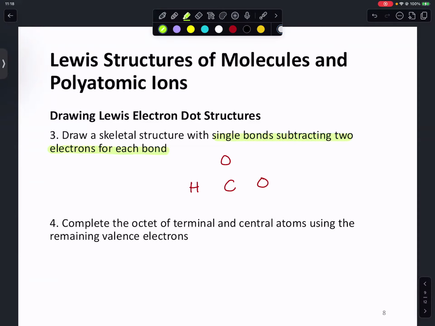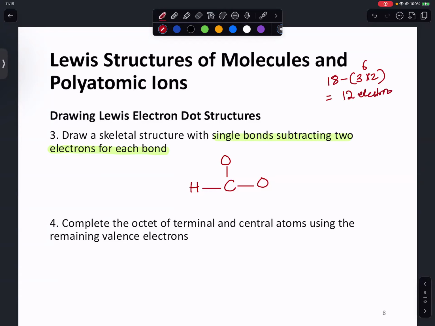I started out with 18 electrons, and I'm going to add now 1 single bond, which is 2 electrons, another single bond, 2 electrons, and the last single bond. So I added 1, 2, 3. So 3 times 2 is 6. So I'm left over with 12 electrons.